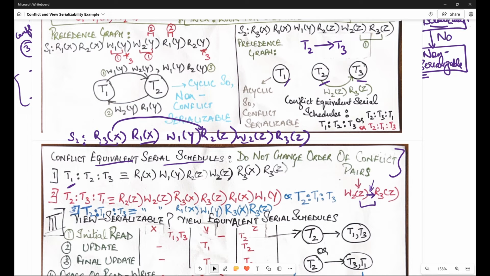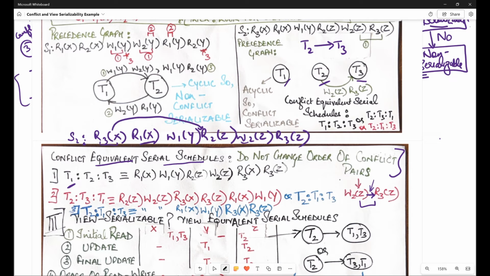Why? Because both the things are happening on different items: R3X, W2Z. When the items are different, it is not a conflict pair. Then the read write order does not matter. You have to see the read write order with respect to the items you are considering, which is a very important point.